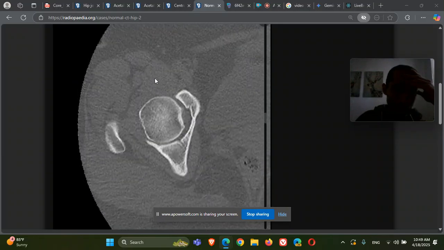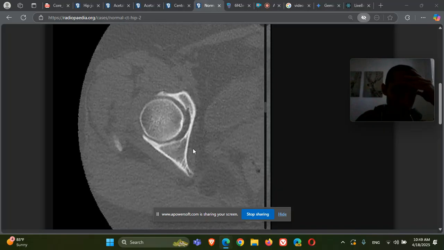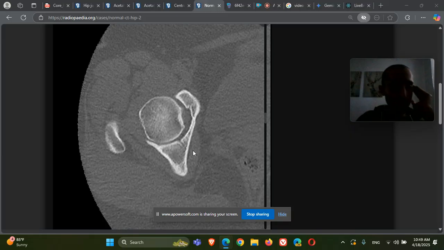We have also some sartorius right over here and the tensor fascia lata right over here. So the gluteus minimus and medius. We have the iliotibial band right over here, gluteus maximus as we said, and what else can I say that is important? Maybe the obturator internus right over here. Those are the main things that I wanted to show you.